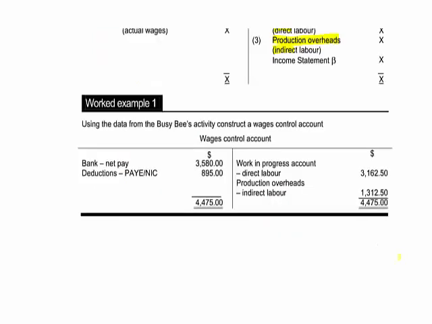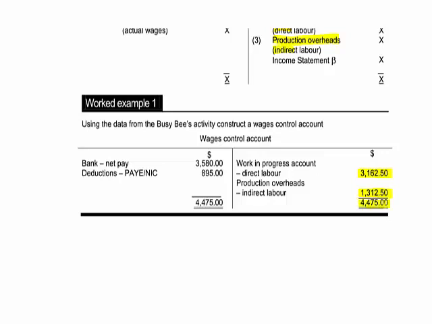In worked example 1, we can use the data from lecture example 6 for Busy Bees, and we can see the split in the wages control account. So we had the direct labour costs of £3,162.50, which will be debited to the WIP account, and we have the indirect costs of $1,312.50, which will be debited to the production overheads.